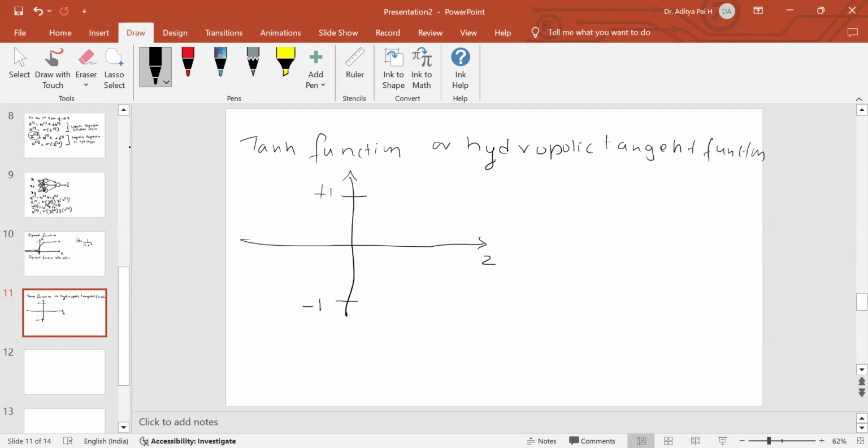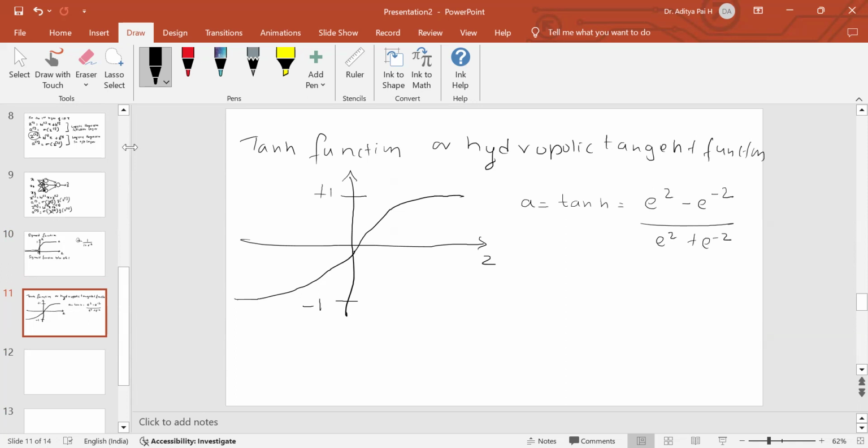So we have a curve like this, which is ranging between -1 to +1. Because it is ranging from -1 to +1, a is nothing but tan h applied to z, which is e power z minus e power minus z divided by e power z plus e power minus z.